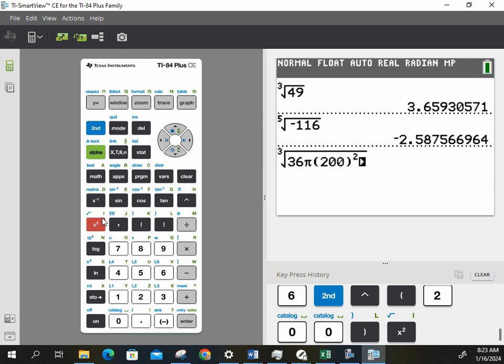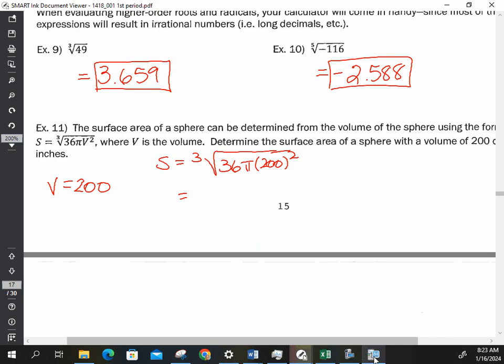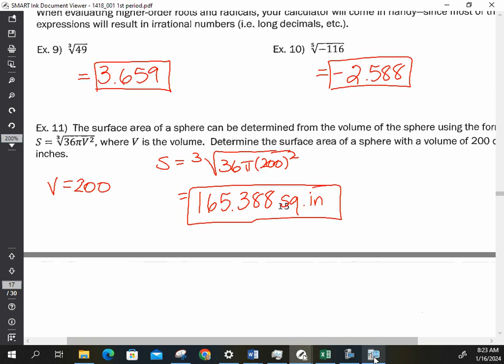As long as you type it in correctly, you can throw everything in the calculator. Press enter. 165.388 ends up being your surface area. This is area, so that's square inches. There it is, and there you go.